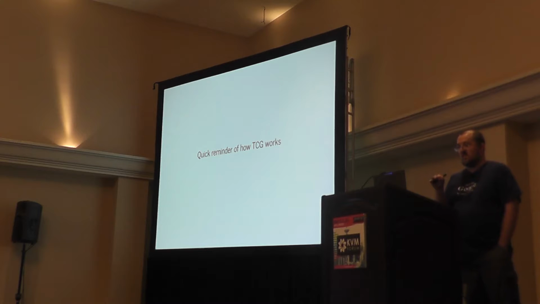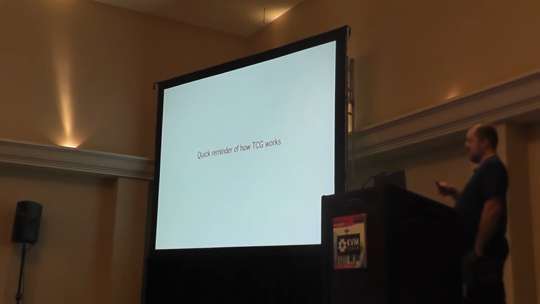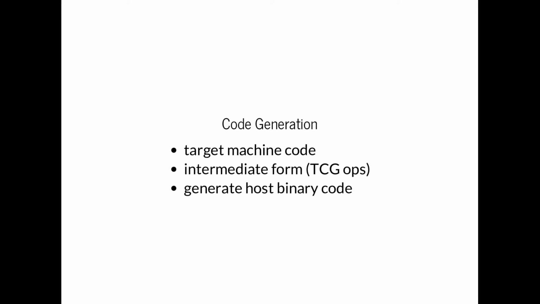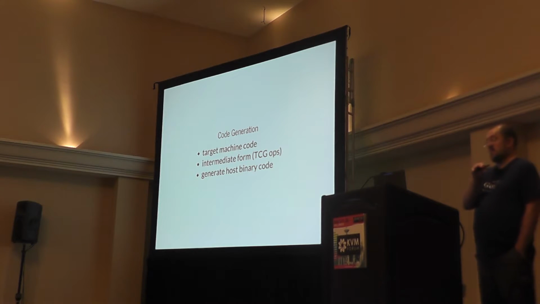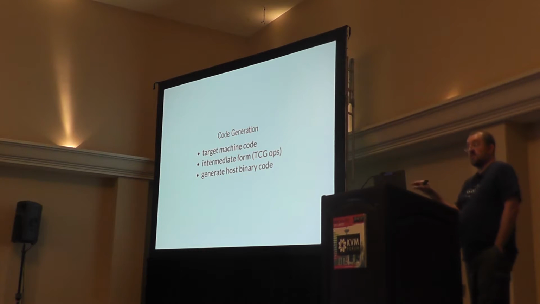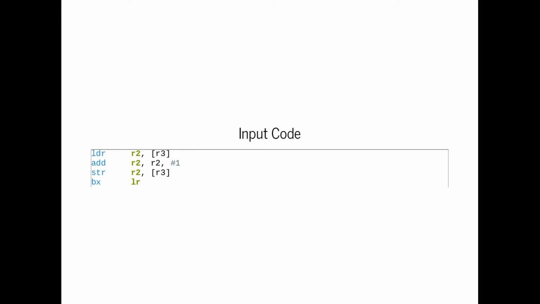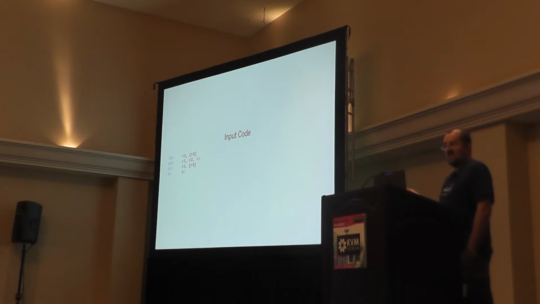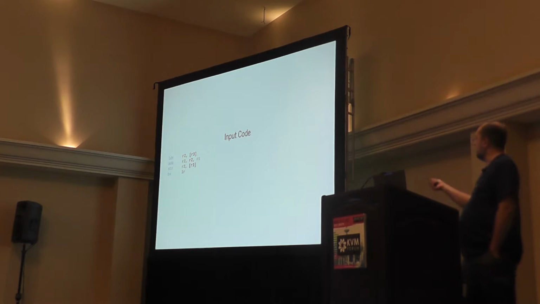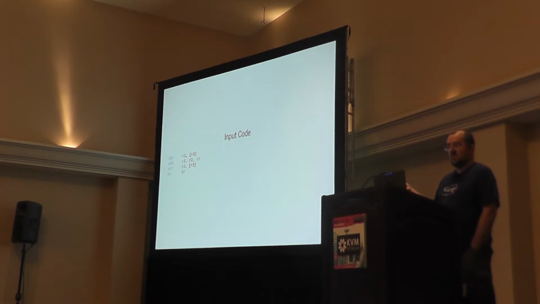Now I've mentioned basic blocks, let's just quickly remind ourselves of how TCG works. The process is fairly simple. On demand, we take a block of machine code from the target, it's converted into an intermediate form, and then the final jitted code is generated. So here's some simple input machine code. It's a very simple subroutine which increments a value, and the branch return signals the end of the basic block.